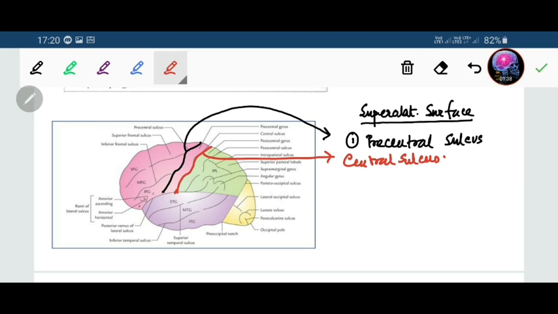The area between the central and precentral sulci is called precentral gyrus. Anterior to the precentral sulcus, there are 2 sulci called superior and inferior frontal sulci.